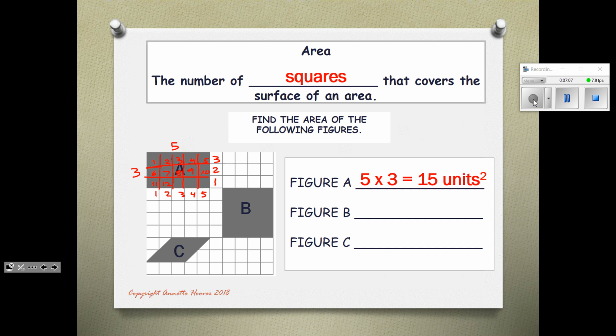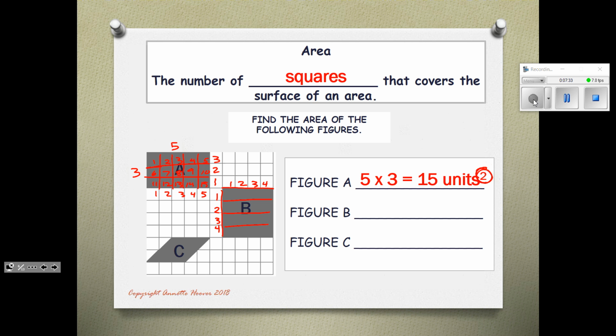It's different from perimeter. Now, since we're counting squares, we label it units squared, with the exponent of 2 to show that we're counting squares. In figure B, across the top we have 4 units. Across the side we have 4 units, although that doesn't really look like a square, does it?